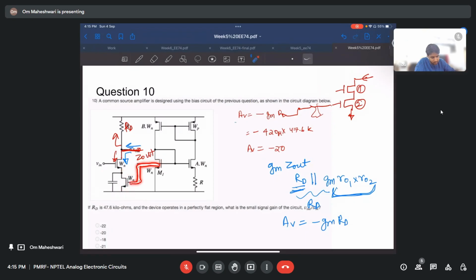The gate isolates these two branches since no current flows in the gate. If it was connected like this, then we would have to consider this also. Okay, sir. Yes. Thank you, sir.